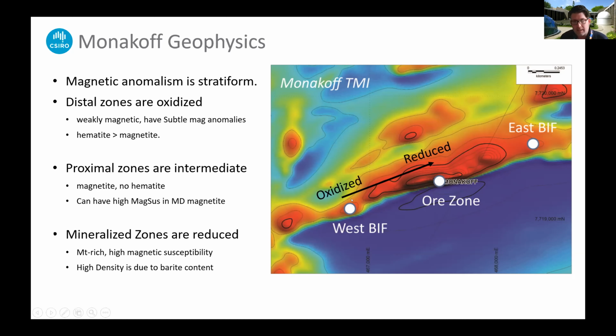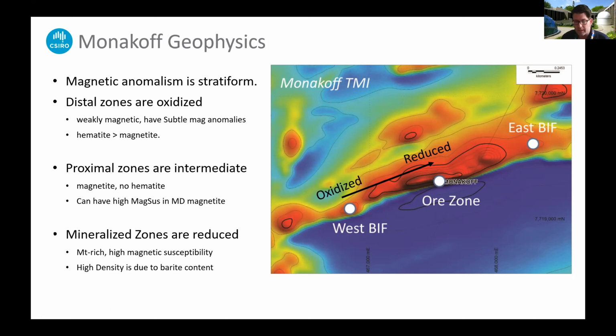What you can see here, you've got a stratiform magnetic anomaly, but it has a very weak magnetic signature in the distal parts, has a very strong magnetic signature in the core. And this is basically indicating that you're going from quite an oxidized assemblage into quite a reduced assemblage. So you're going from hematite-rich into magnetite-rich in the core.